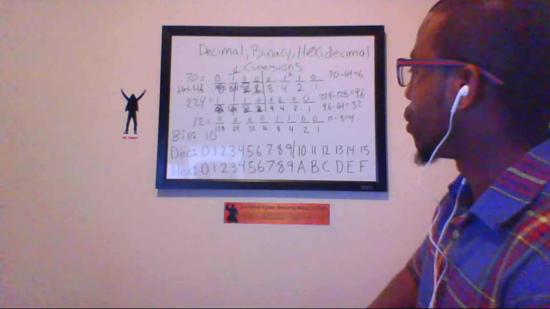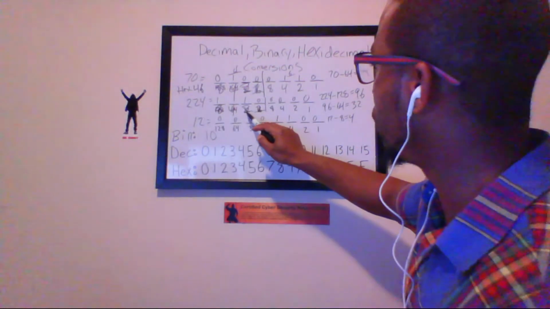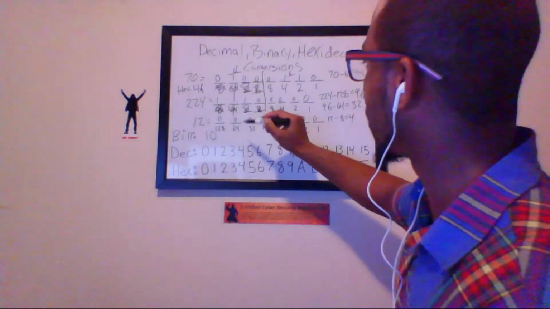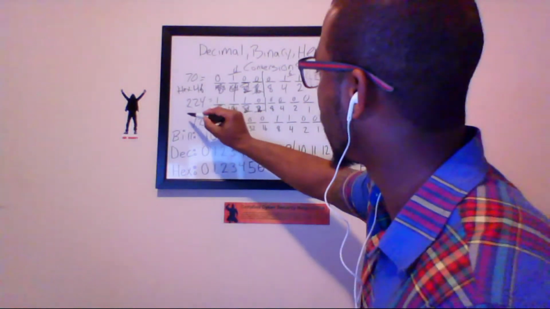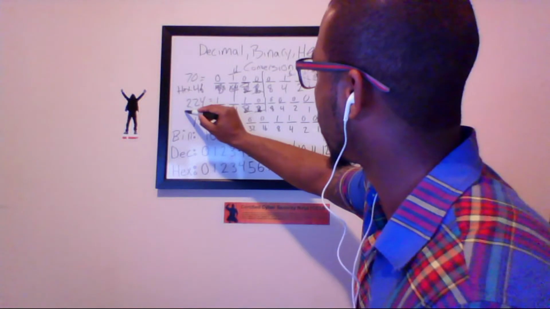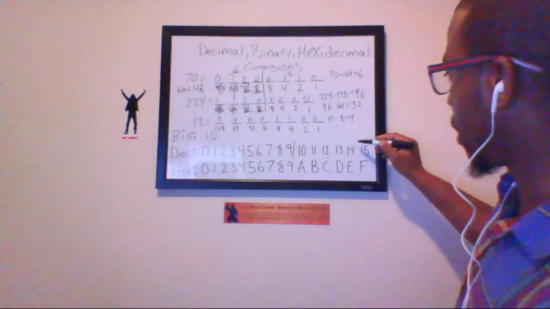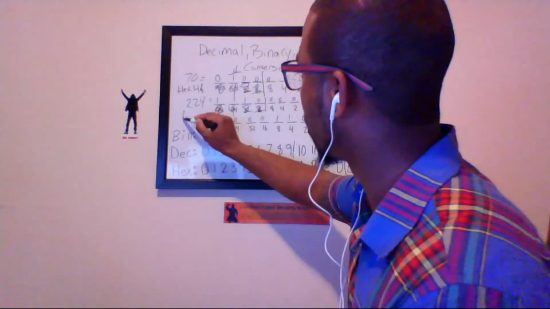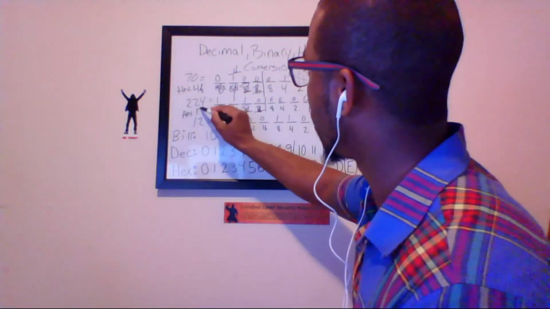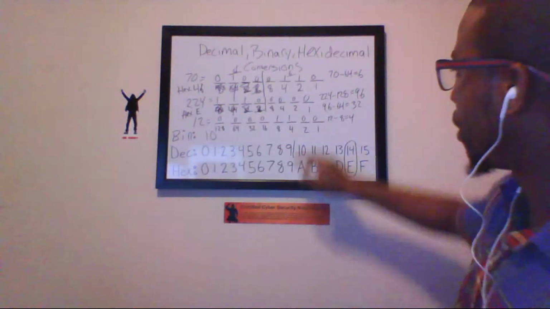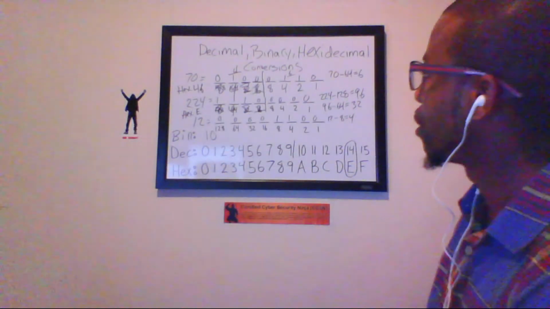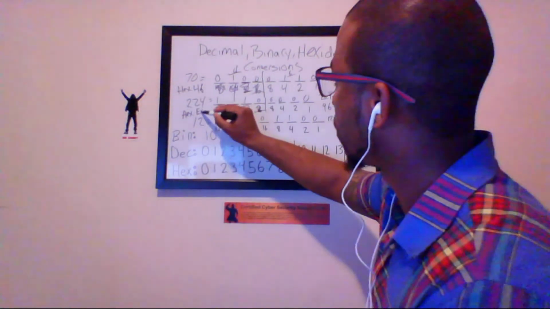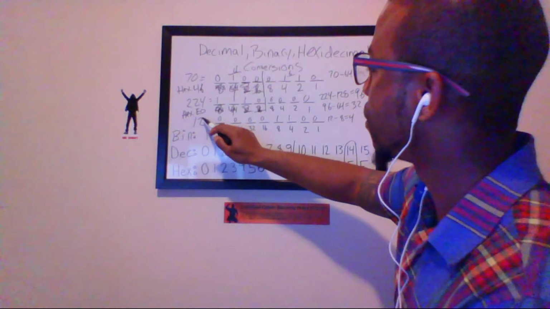So if we add 2 plus 4 plus 8, we get 14. 14 in hexadecimal, I'm sorry, is E. So we're going to put hex here, E. And on this side, we don't have any values, so the value for 0 in hex is 0. 224 in hexadecimal is E0.